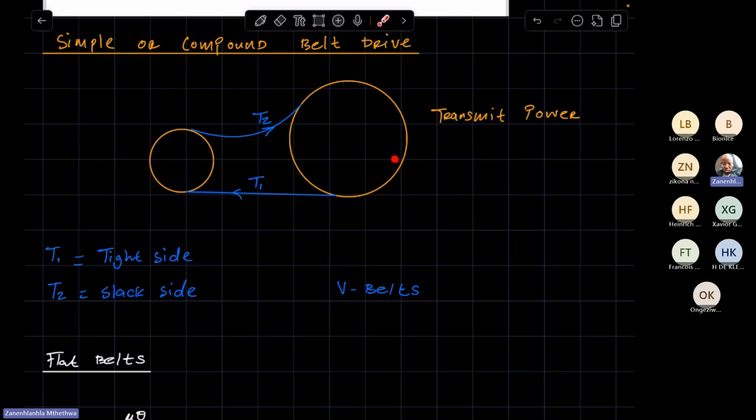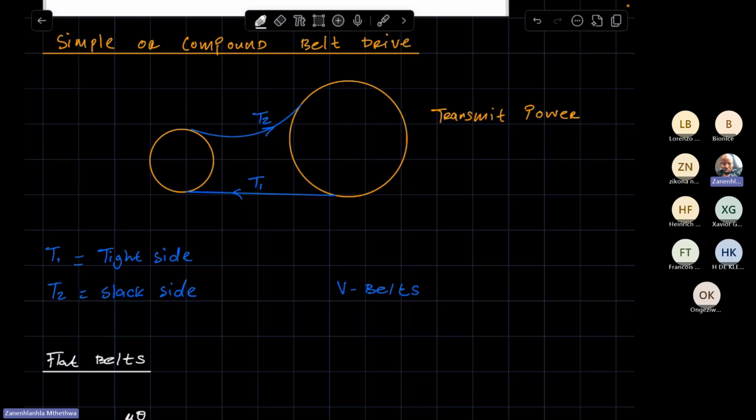For gear drives, the two gears that are responsible for transmitting the power, their curvature velocities will be the same. Similarly with chain drives. Chain drives use sprockets, and the two sprockets are connected with a chain, and the curvature velocity of the two sprockets that are connected with the chain will also be equal.